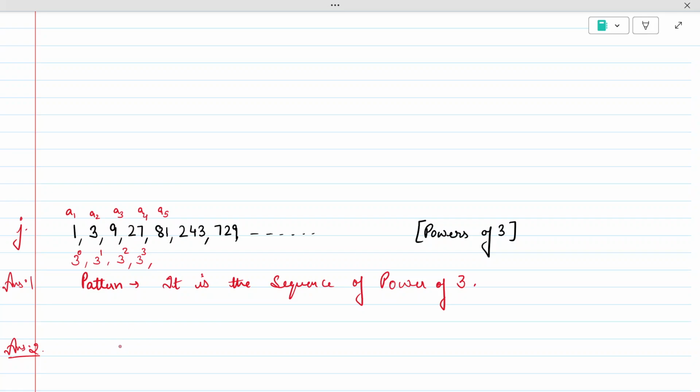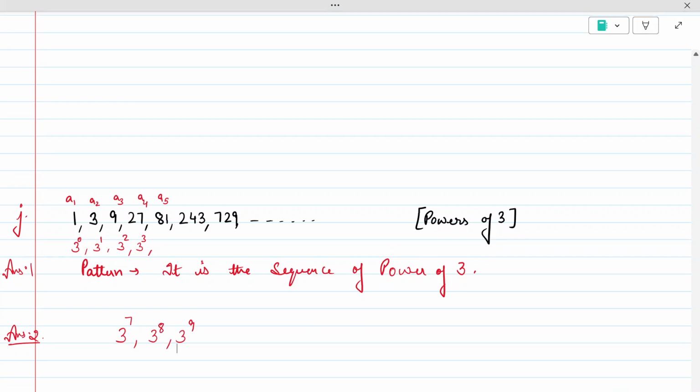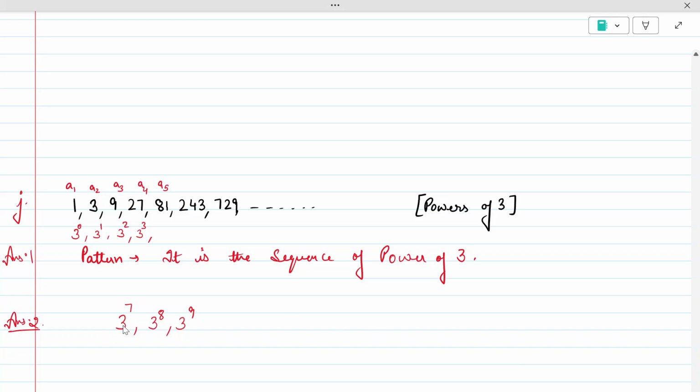So the 8th position means 3 raised to the power 8 minus 1, which is 7, and 3 raised to the power 9. These are the values which we have to calculate here: 3 raised to the power 7, 8, and 9. In this scenario, I can multiply by 3 to get the next number, then multiply by 3 to get the next number, and so on, because it is the sequence of powers of 3.